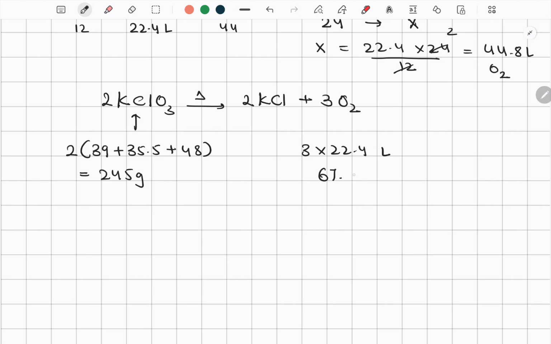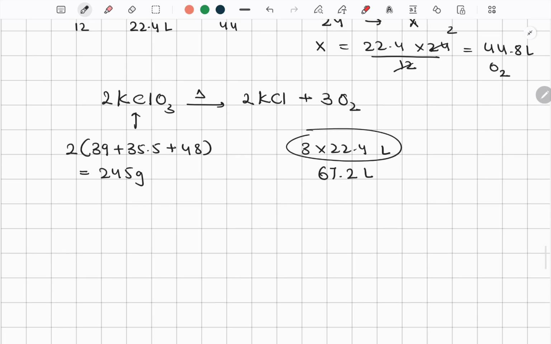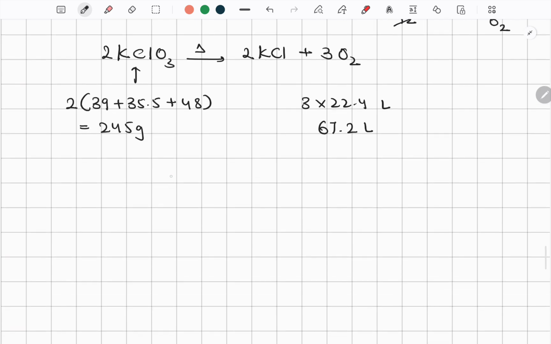which is nothing but 67.2 liter. Why 3 into 22.4? Because as I mentioned, 1 mole is equal to 22.4 liter, therefore 3 moles would be equal to 3 into 22.4 liter, which is 67.2 liter. Now let's use the unitary method. 245 gram of KClO3 is giving you 67.2 liter of oxygen.